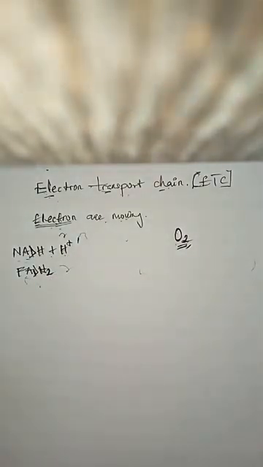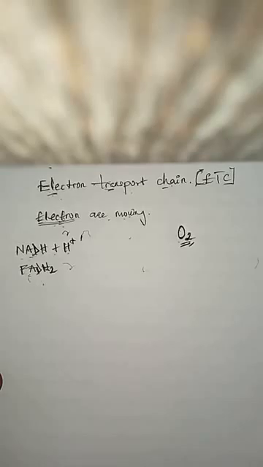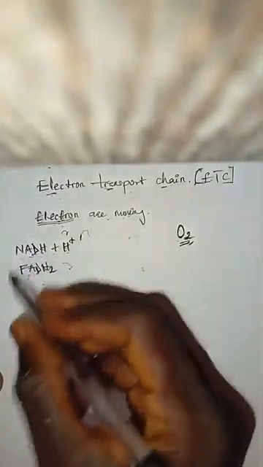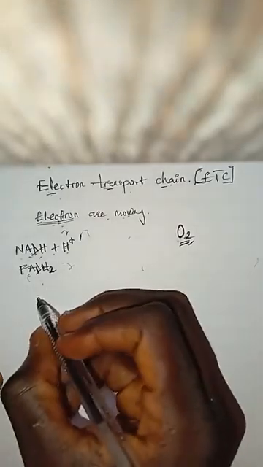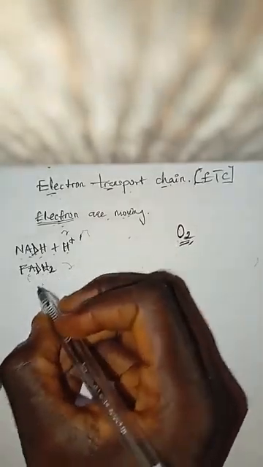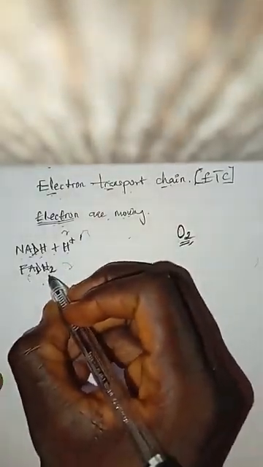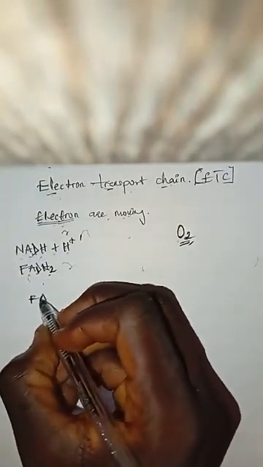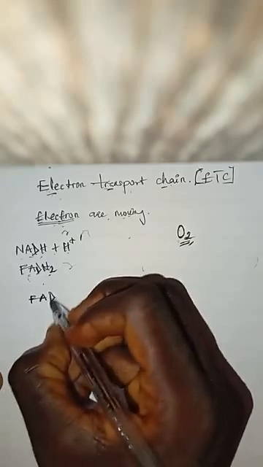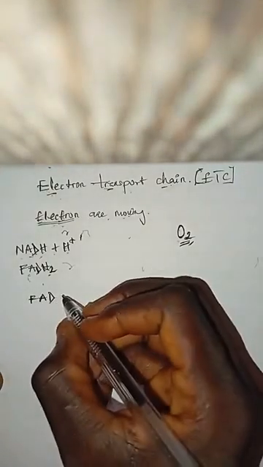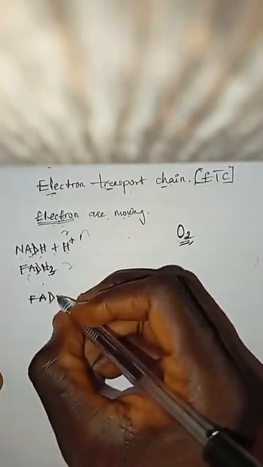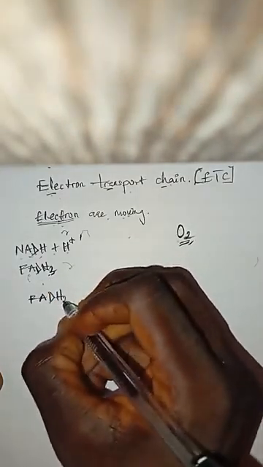Now you might be tempted to ask: if these are the source of the electrons, where are the electrons here? Let me show you. Let's take FAD, for example. Initially FAD was just FAD like this, right? Then it acquires 2 hydrogen, is that not so? That's why we now write it as FADH2.